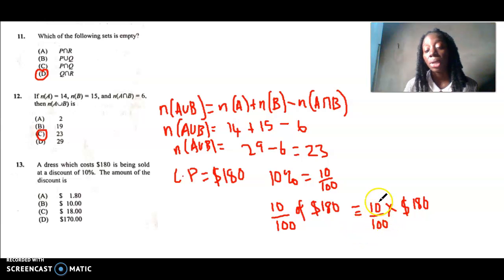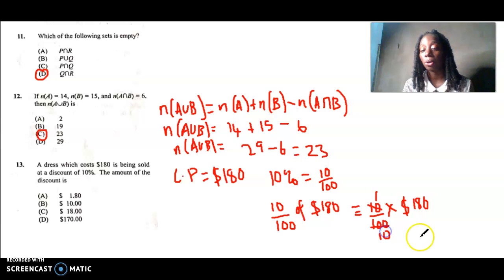So if we look at the numerator of 10 and the denominator of 100, we have more than one common factor. But this time I'm going to choose the highest common factor, which is 10. So I can get one group of 10 out of 10, and I can get 10 groups of 10 out of 100. Remember, we're canceling numerator and denominator.